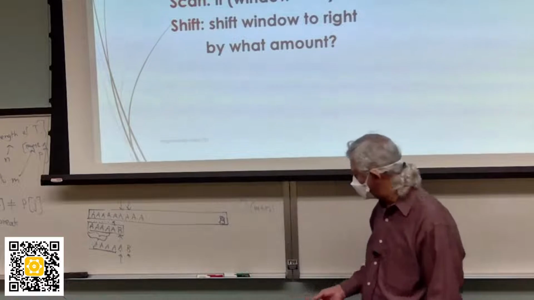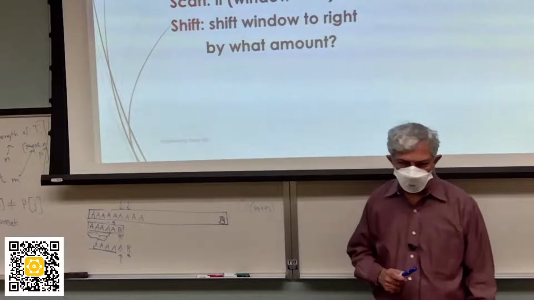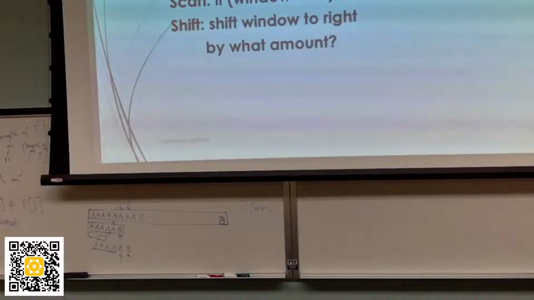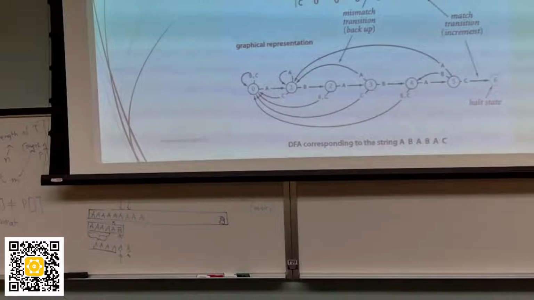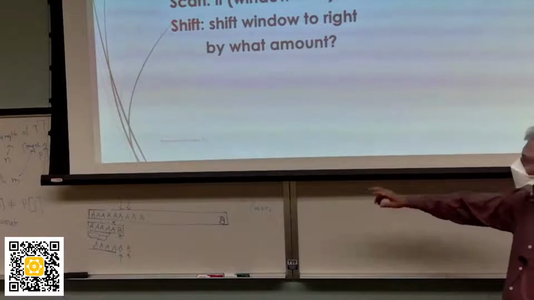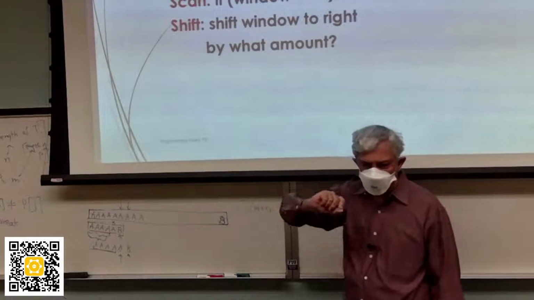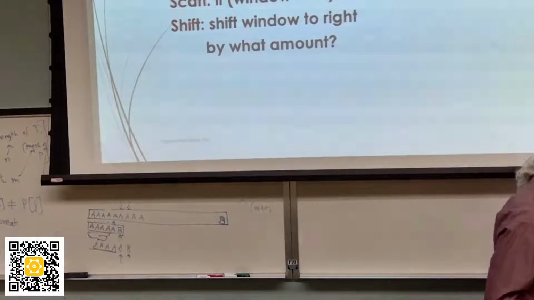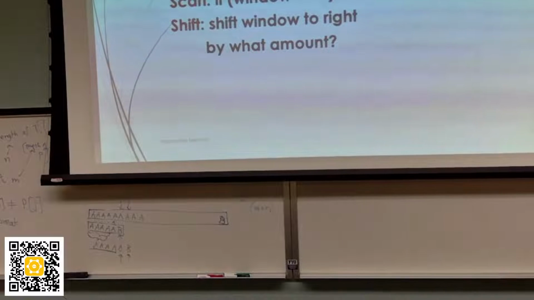That's the secret for m plus n. And not only that, it'll find you all occurrences of the pattern in the text. So the secret here is to figure out how much it needs to slide by. We're going to try and figure that out by looking at some examples.